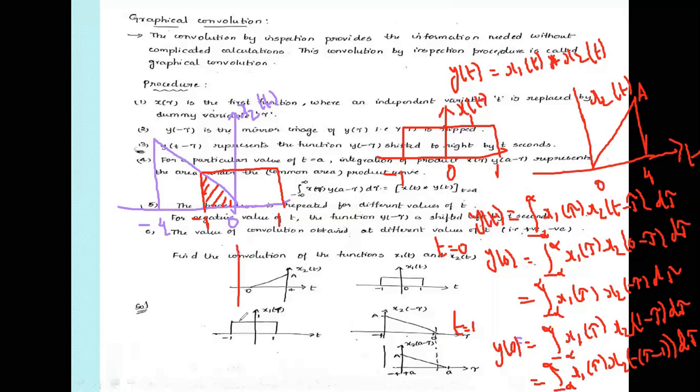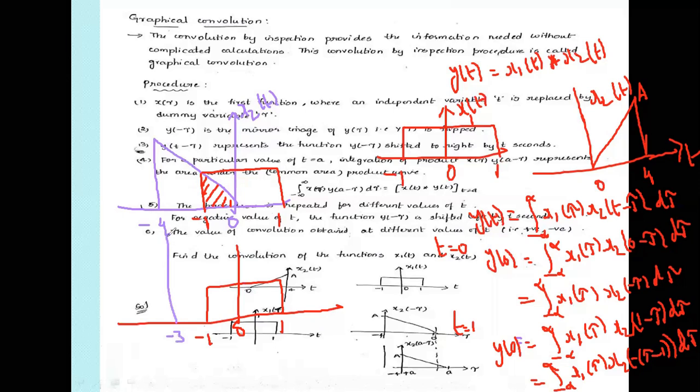Now the graph looks like this. There is no change in x1, from minus 1 to 1. X1 of t is the same signal. Now the x2 value is shifted towards the right by one sample. Already minus 4 was there, now it becomes minus 3.